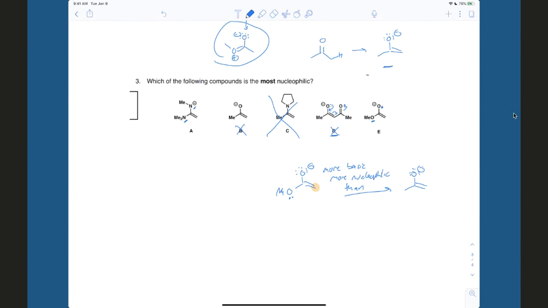So this is not going to be nearly as stable as even something like E. It's actually even really difficult to make compounds like A because the corresponding compound really is not very acidic at all. This would have a very high pKa.